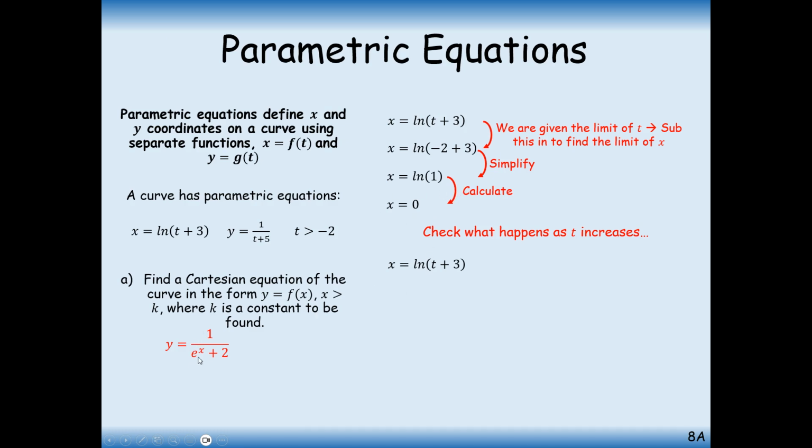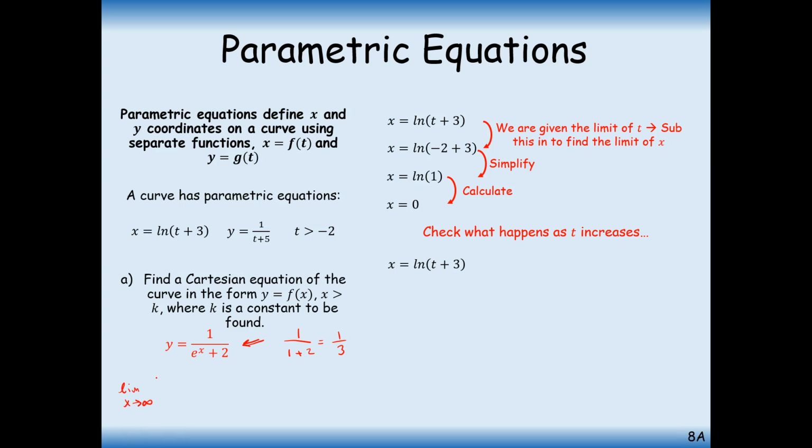So when you substitute 0 into this function here for x, we will have 1 over 3, because 1 over 1 plus 2 is 1 over 3. Now, what is the limit as x increases?